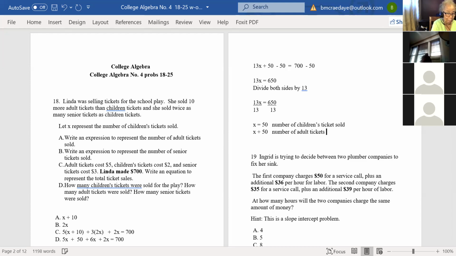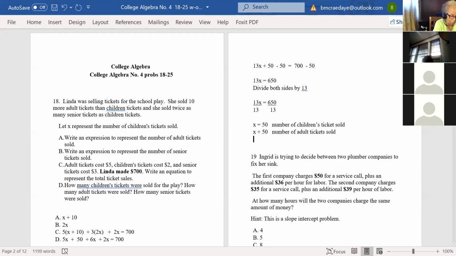So how many would that be, Chastity? x plus 10. x is 50. So what would be the number of adult tickets sold? x is 50. What's 50 plus 50? 100. Right.